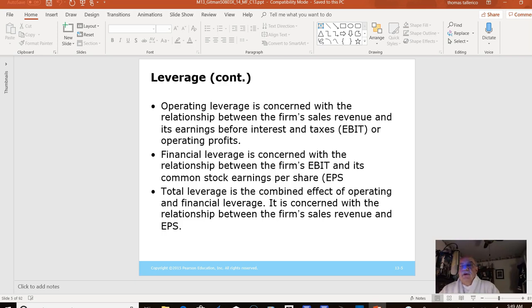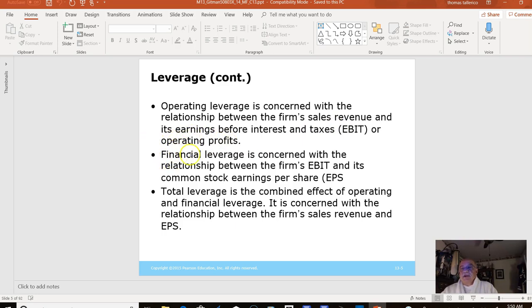Okay. So operating leverage, as it says, is concerned with the relationship between the firm's sales, and you're going to go from the top of the income statement, sales, down to EBIT, earnings before interest and taxes. Everyone should know that nomenclature, right? Earnings before interest and taxes is EBIT, also known as operating profits.